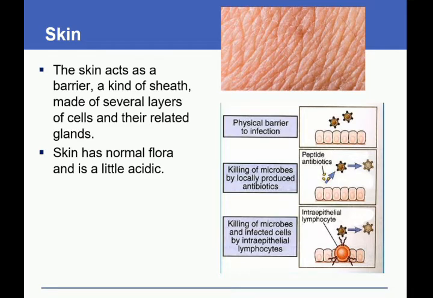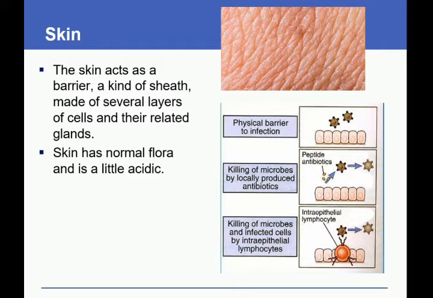The skin. The skin acts as a barrier, a kind of sheath made of several layers of cells and their related glands. The skin has normal flora and it is a little acidic. So, in the picture, the skin provides a physical barrier to infection, meaning that infection cannot get in very easily.